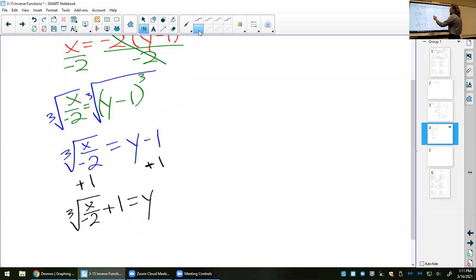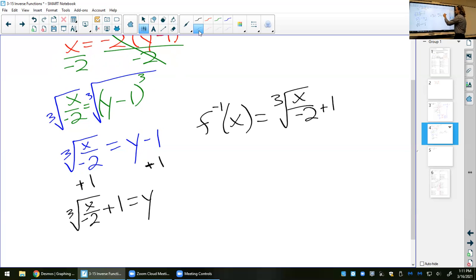Okay, so we could write this as the inverse of x, so f inverse. I know we're not supposed to say "negative 1," but I need to remember that, otherwise I put the wrong thing. Equals the cube root of x over -2, plus 1.